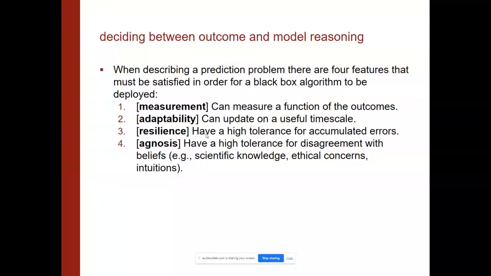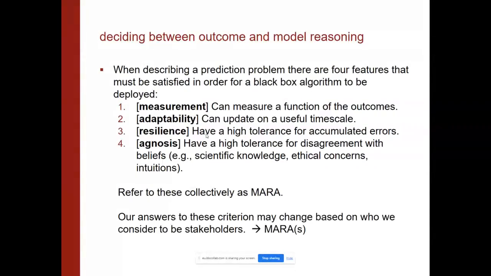And a lot of folks working in fair AI fit into that 4th feature. We refer to these collectively as MARA, hopefully for obvious reasons. It turns out that if you were to go through and ask these 4 features about your problem, the answers can change depending on who the stakeholders are.